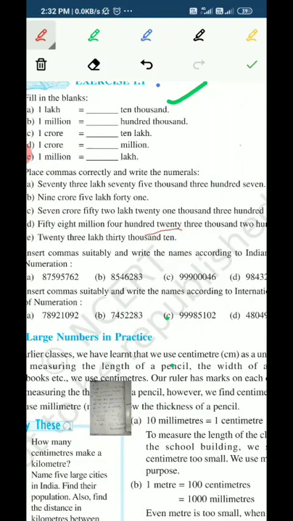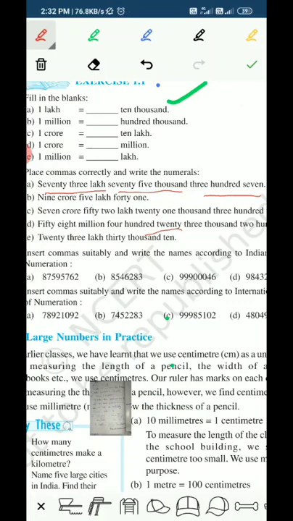73 lakh 75 thousand 307. We can see here that there is a family of lakhs, then a family of thousands, and then a family of hundreds. So how many commas will there be? There will be 1 comma between each family.